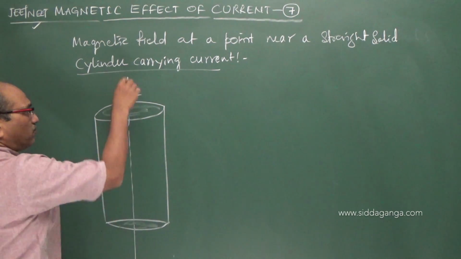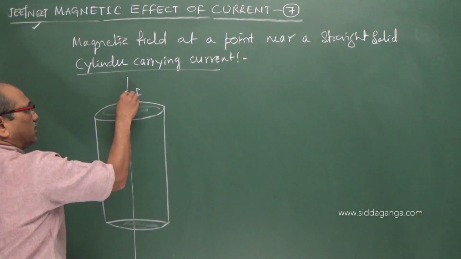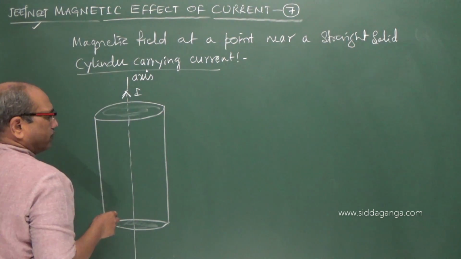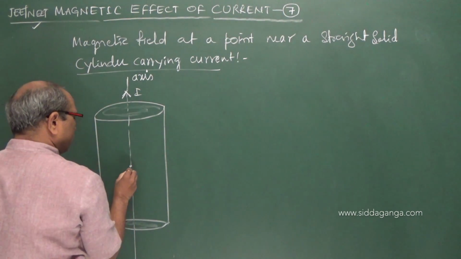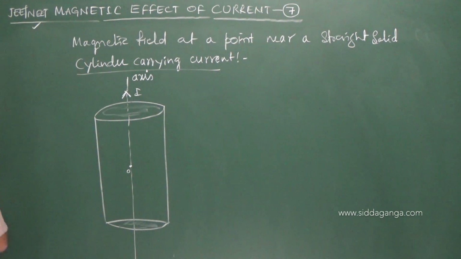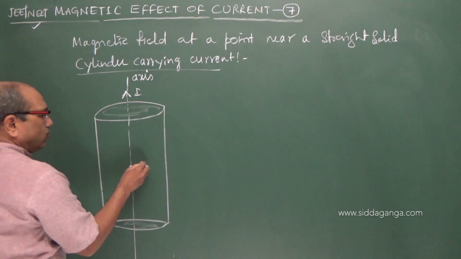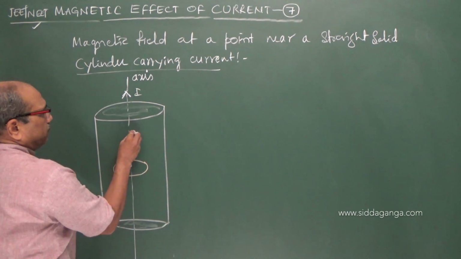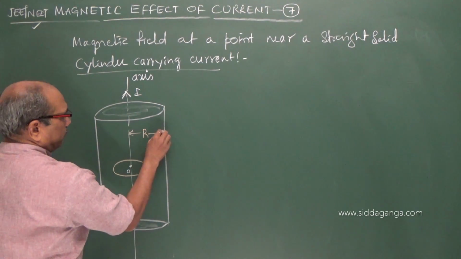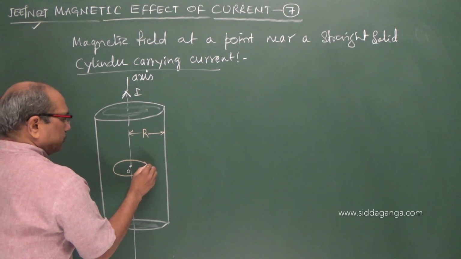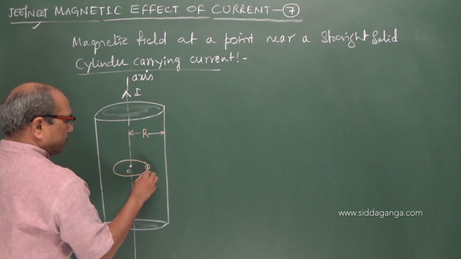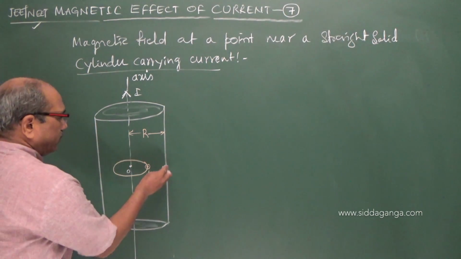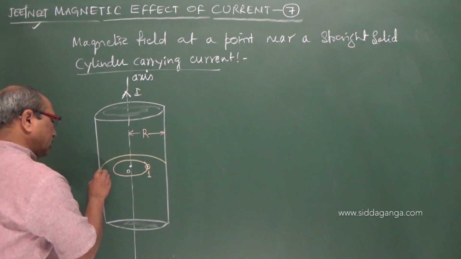I take it that current is passing through every part, and the net current along the axis of the cylinder is I. For convenience, I am taking 3 different layers. One circle is inside, having radius r, and this is point 1 about which I want to see the field. Another I take outside, just at the surface.